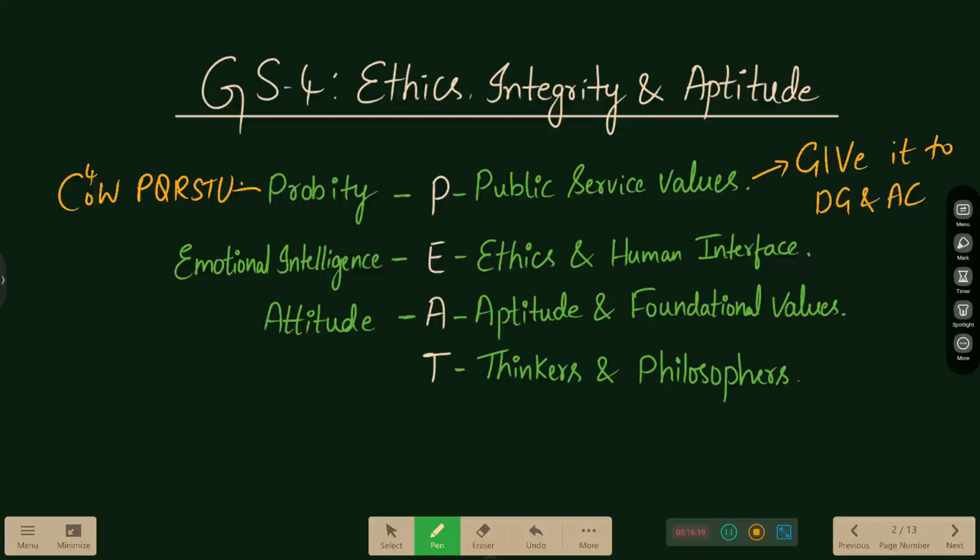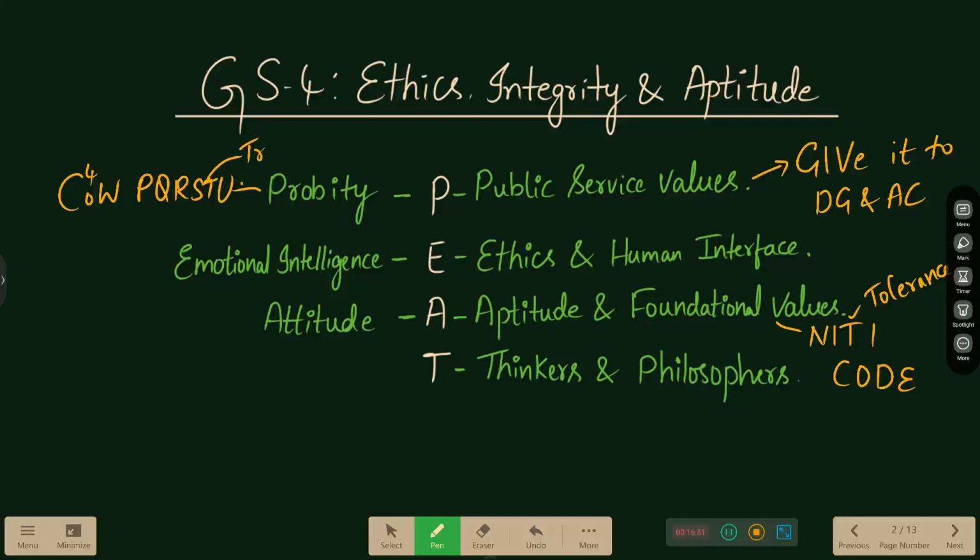Here in aptitude and foundational values I had given you a mnemonic, that is Niti code. So what does it stand for? Non-partiality, non-partisanship, impartiality, tolerance, integrity, compassion, objectivity, dedication, empathy. See, this is tolerance, and this is transparency.